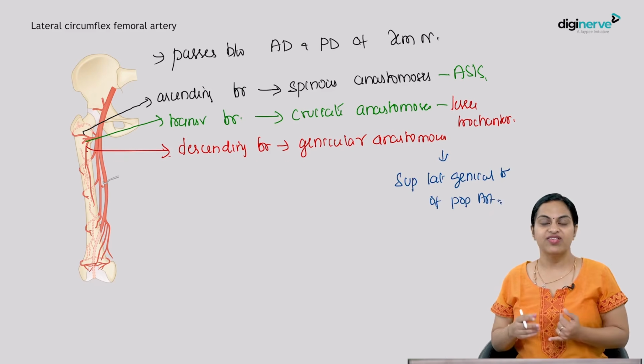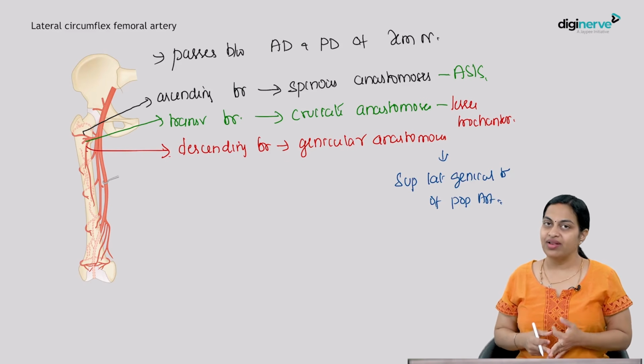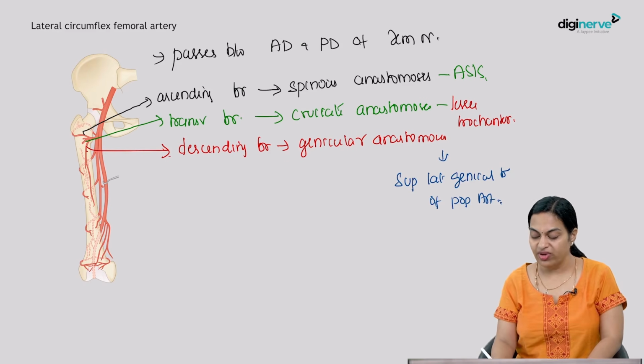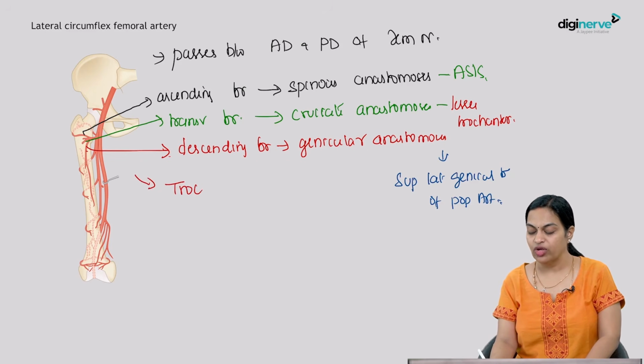So apart from this ascending branch, descending branch and transverse branch, there's one more branch coming from this lateral circumflex femoral that goes for contribution to the trochanteric anastomosis.